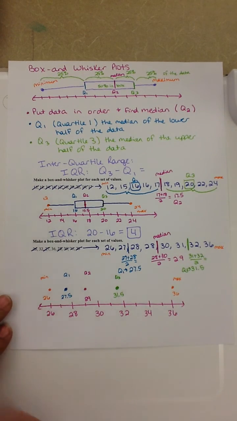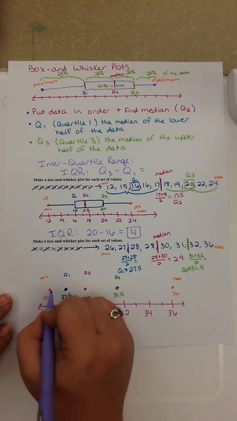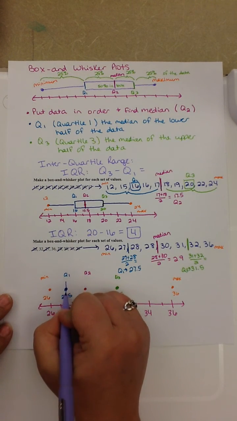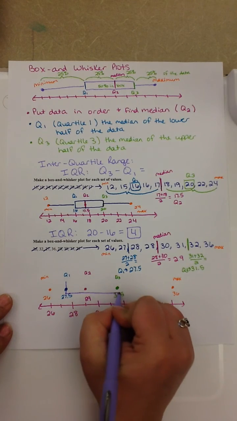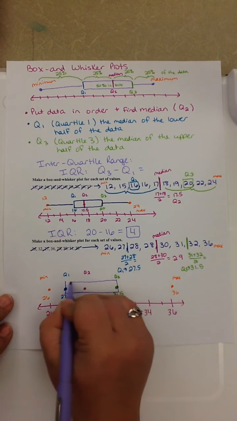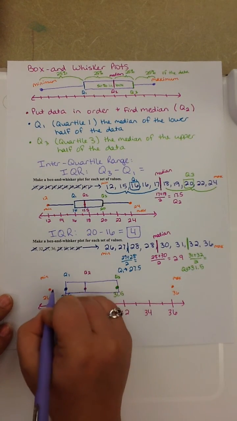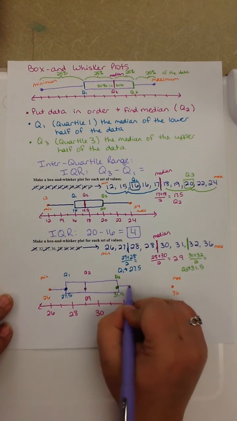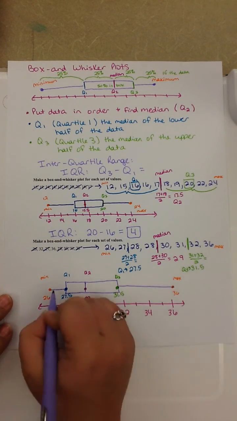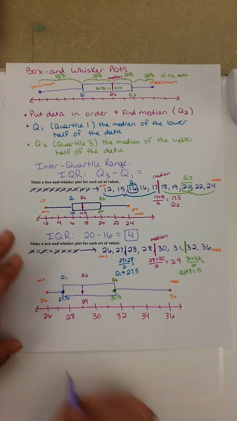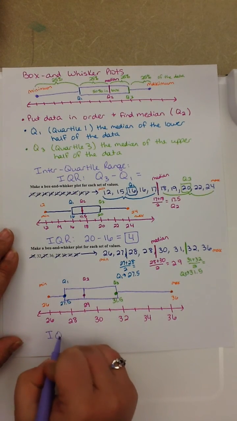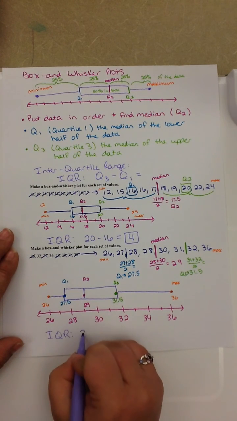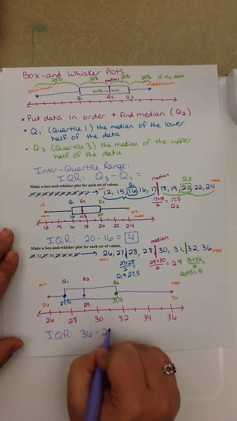Okay, now pause and see if you can draw in what needs to be drawn in. Okay, Q1 through Q3 get made into a box, and then the whiskers go out to the min and the max. Then last, let's figure out what our IQR is. So maximum minus minimum.